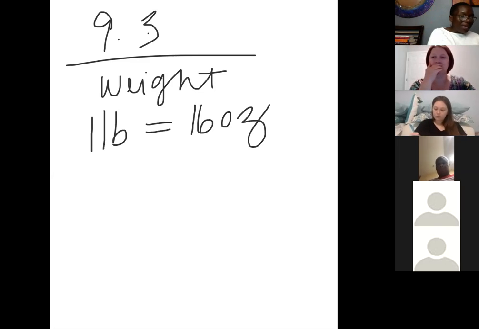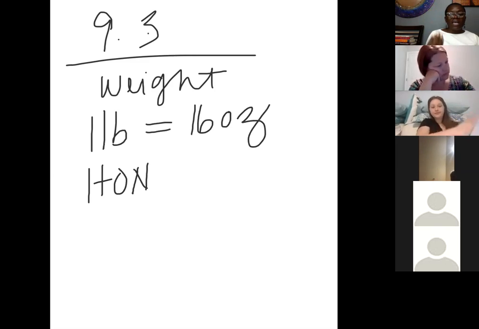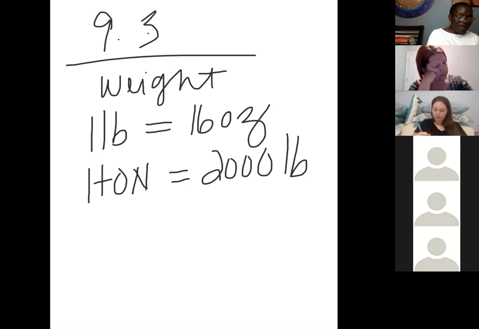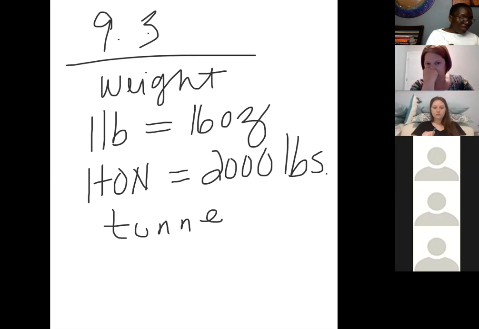All right. And then, of course, every once in a while, when we talk about the size of a car, the size of an elephant, we measure it in ton. 1 ton is equivalent to 2,000 pounds. Okay. Every once in a while, guys, you'll see this right here, a tonne.